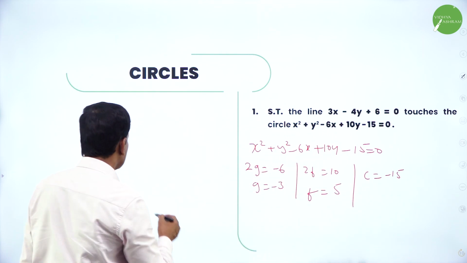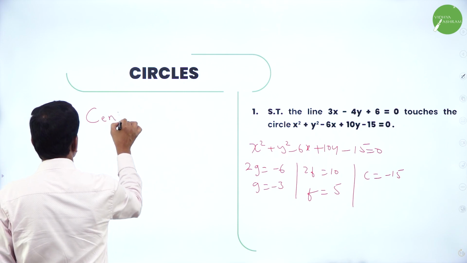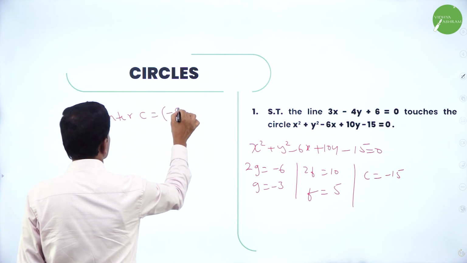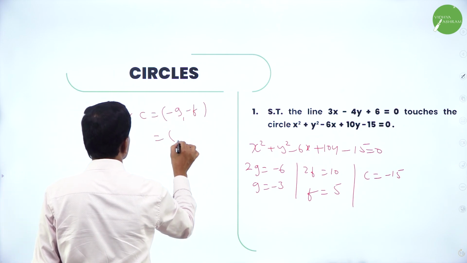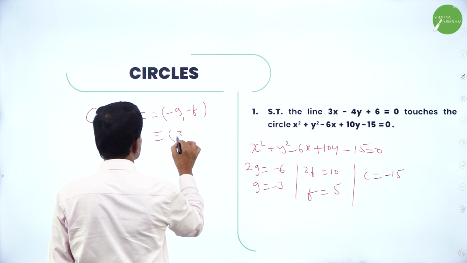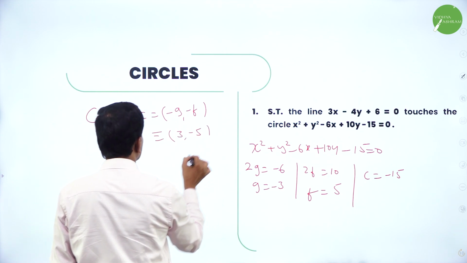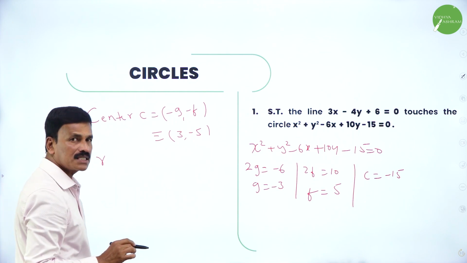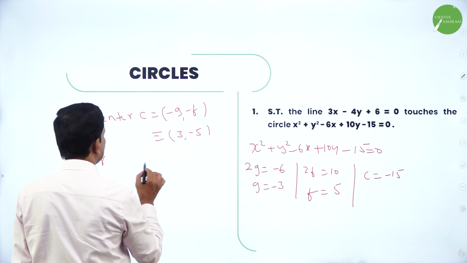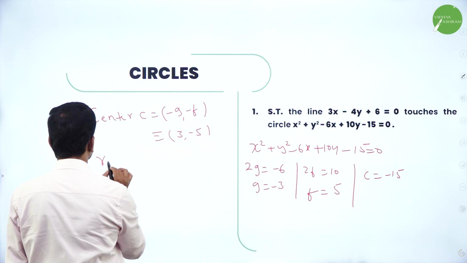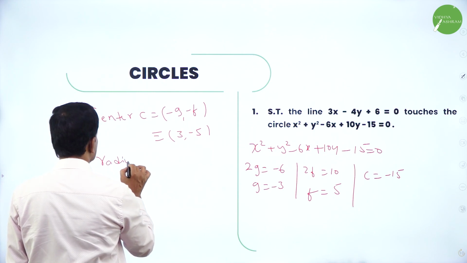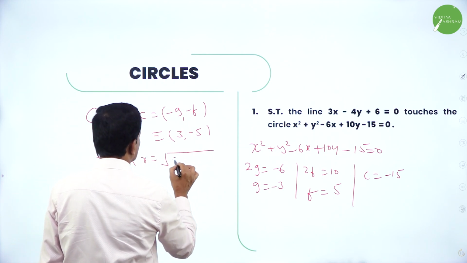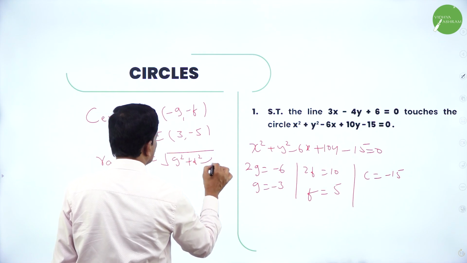The center of the circle C is equal to minus g comma minus f, that is minus of minus 3 is plus 3 and minus 5. So, the center is 3 comma minus 5 and the radius r is equal to root of g square plus f square minus c.